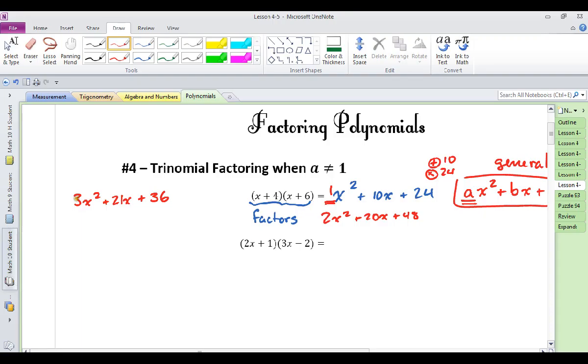And we only know how to do it when a is 1, correct? So right now I have given you one thing that will fix this up for you. That's GCF factoring, right? So we want this to have a 1 there. So that would mean I would have to divide by 3, correct? Does 3 work with all the terms? Yes, it does.